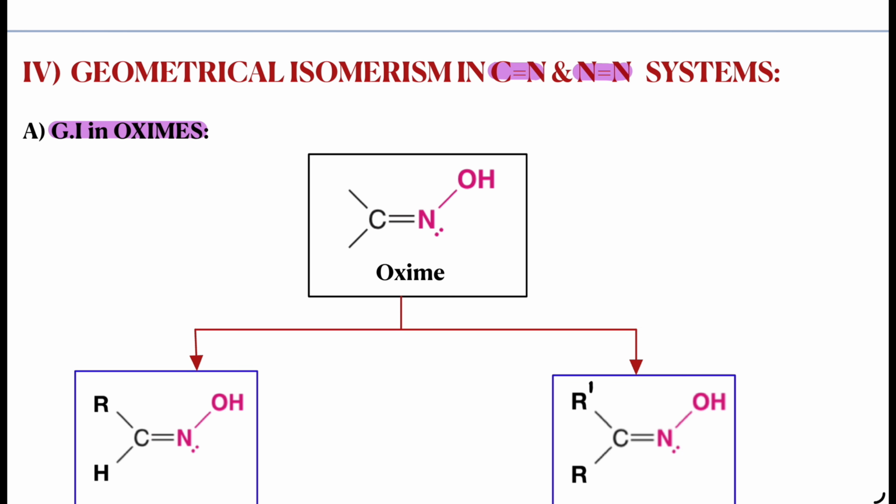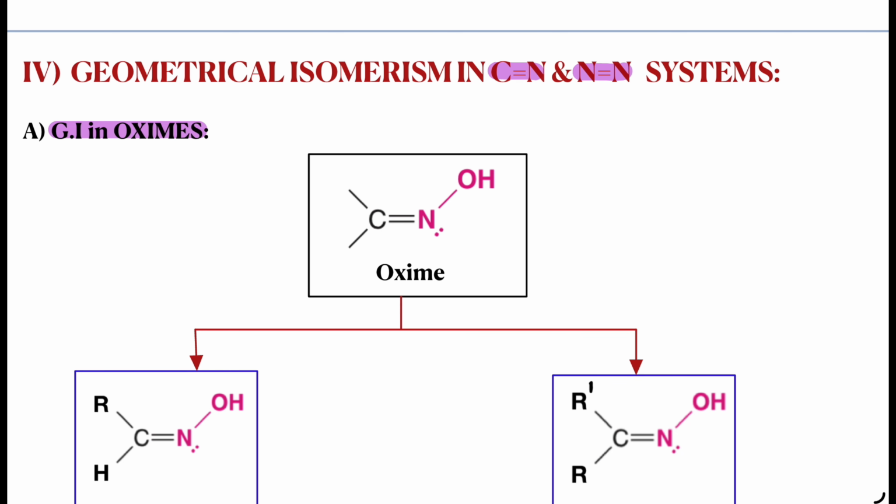Oxime is an organic compound having a C=N system, and N is attached to an OH group, hydroxy group. And of course, there will be one lone pair on nitrogen. This is the oxime structure.